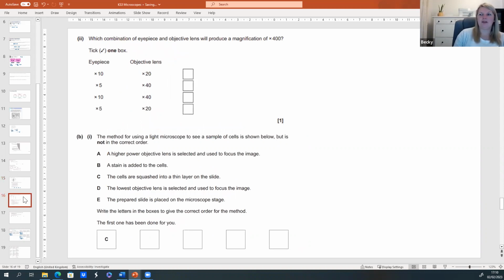Right, these two then. So the second part, B, is roughly the same idea. You're just going to put the steps into order. And the top one is asking you, what combination of lens do we need to produce a magnification of times 400? Guys, these are GCSE questions.